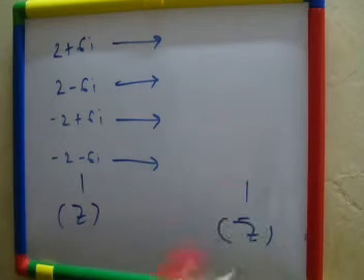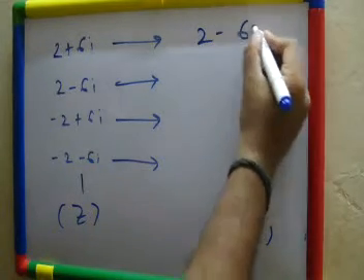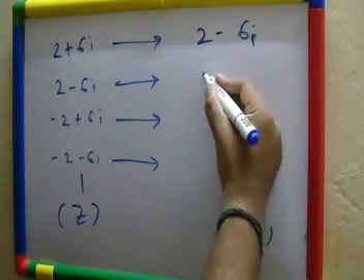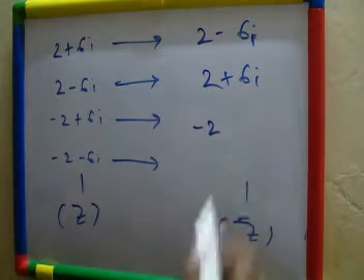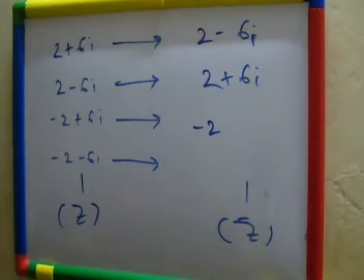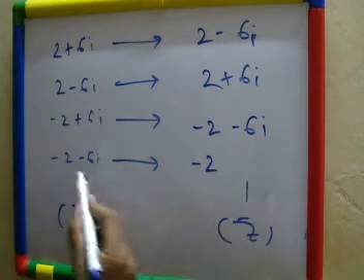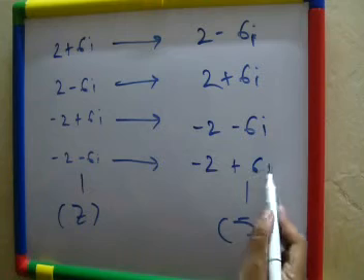So we are finding out the complex conjugates. So for 2 plus 6i it is 2 minus 6i. For minus 2 plus 6i, minus 2 is the real part which will not change. The sign of the imaginary part will change. Minus 2 minus 6i.